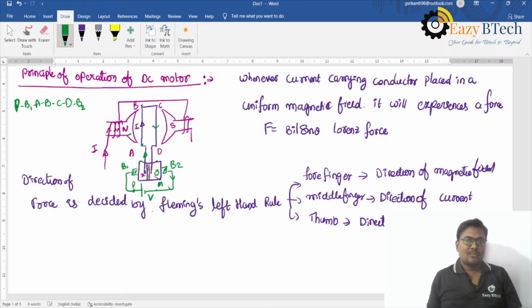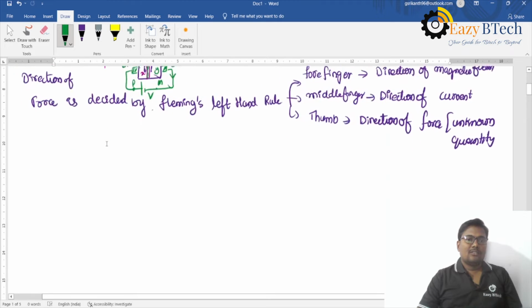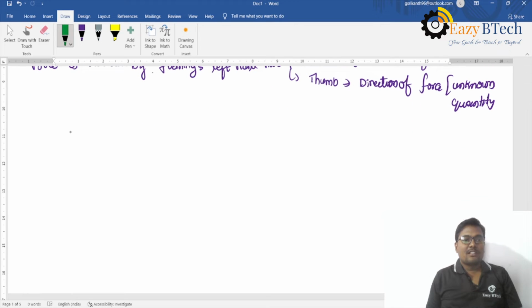The current leaves through brush B2 and reaches the M terminal. So whenever a current carrying conductor is placed in a magnetic field, it will experience a force.